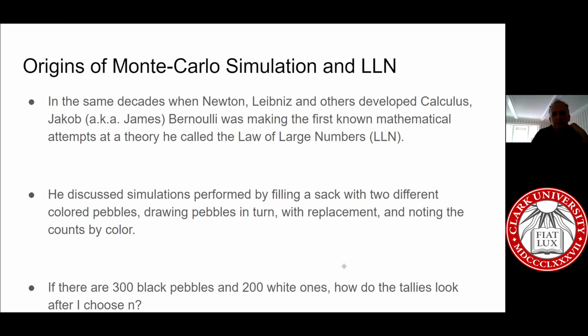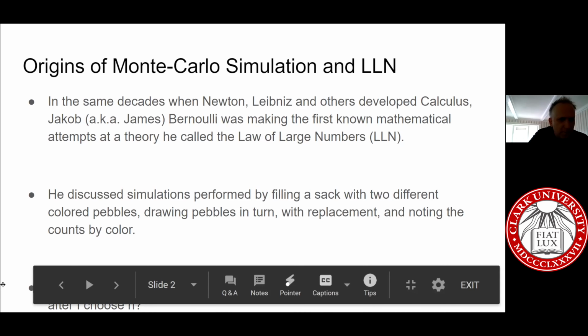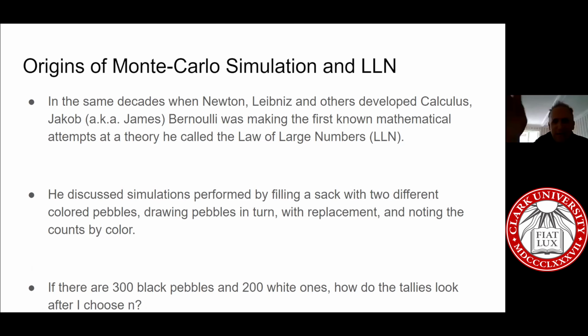This guy did a new mathematical proof of this when people weren't even thinking about it. He discussed simulations performed by filling a sack with different colored pebbles, two different colors, and then drawing from the sack with replacement, which is just flipping a coin, really.